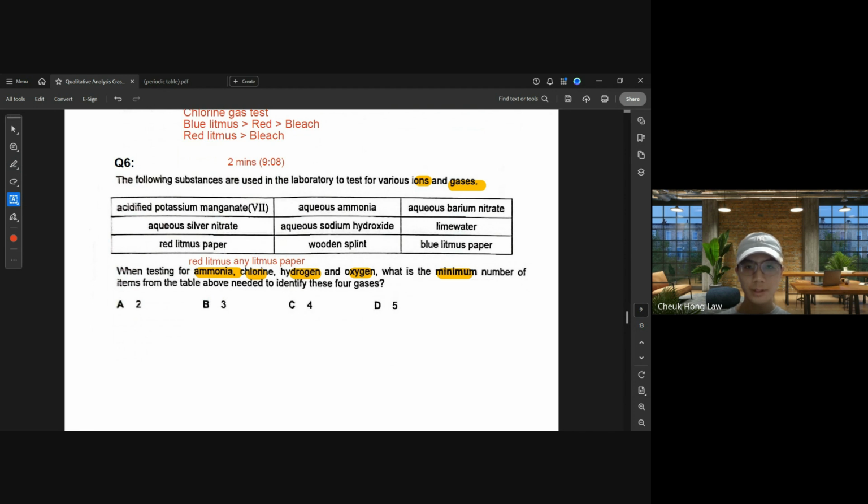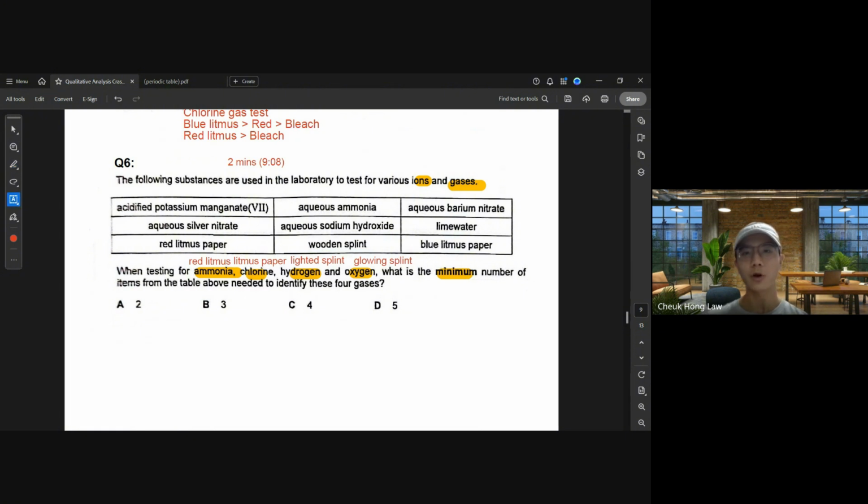Hydrogen is a lighted splint. And oxygen is a glowing splint. Okay, so these are the reagents that you need to test for the gases. Right? So what's the minimum number of items?